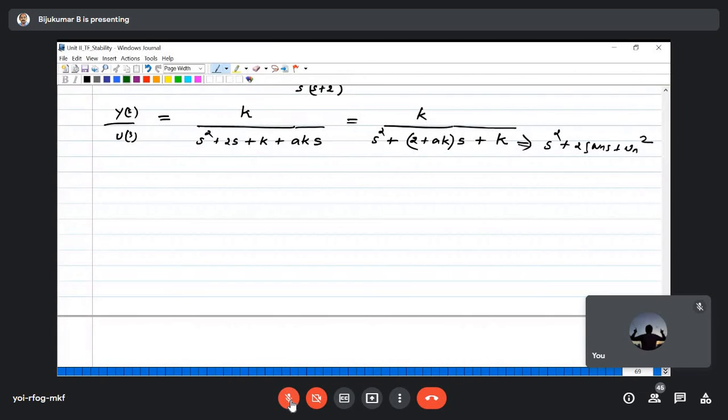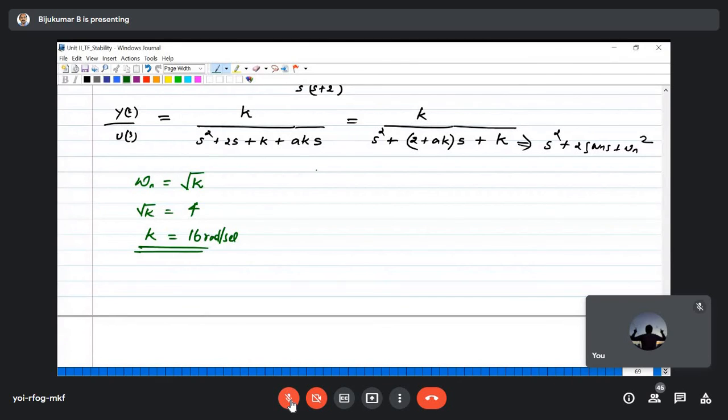So you get omega n equal to root K. Given omega n equal to 4 radians per second, so root K equal to 4. If we square both sides, we get K as 16, right?